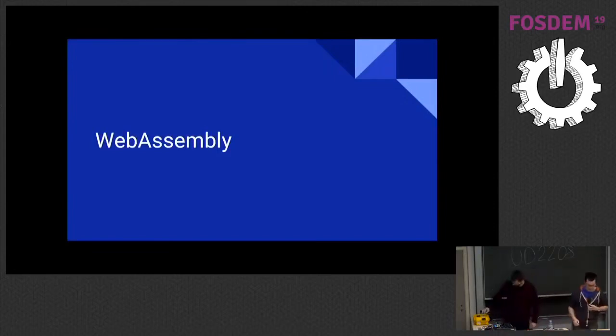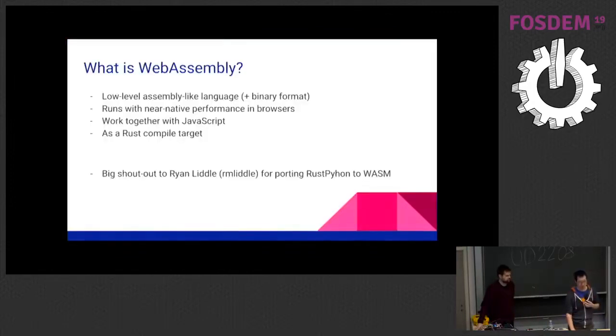And besides the command line tool and the REPL, we also have the WebAssembly build. Since you're in the Rust room, I assume you might have heard about WebAssembly already.